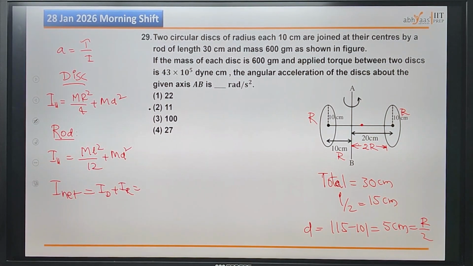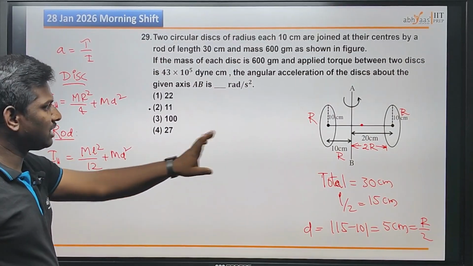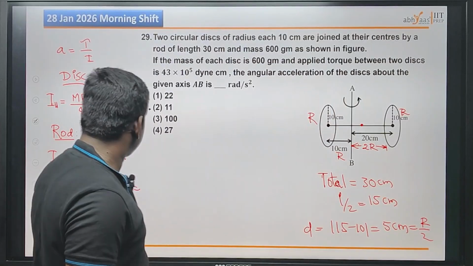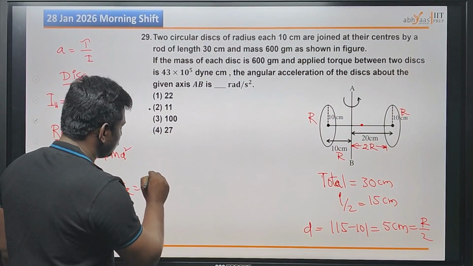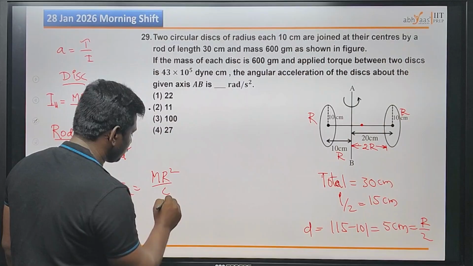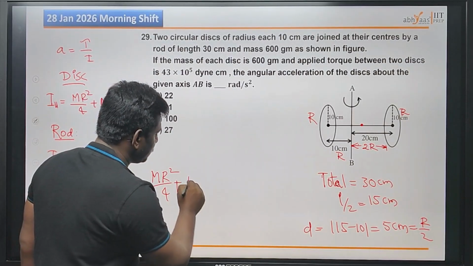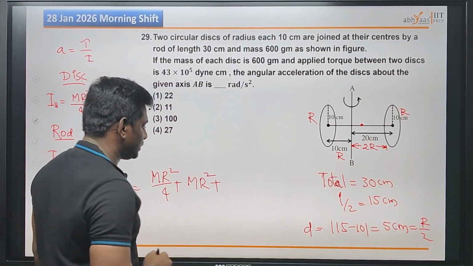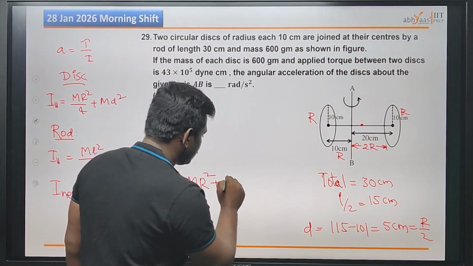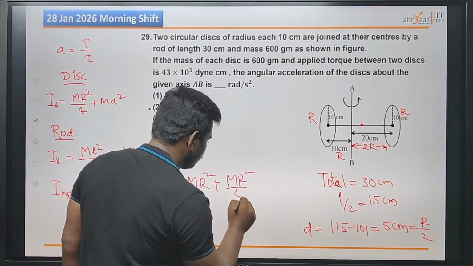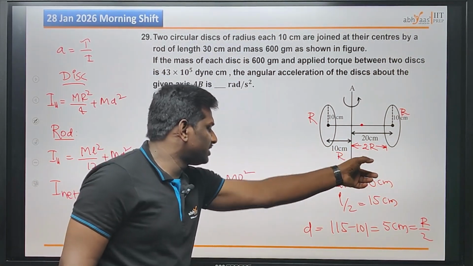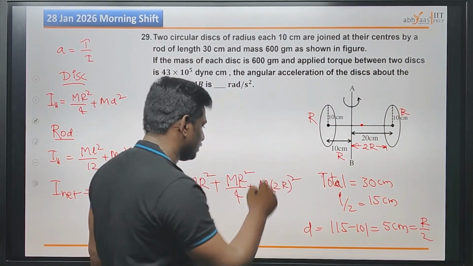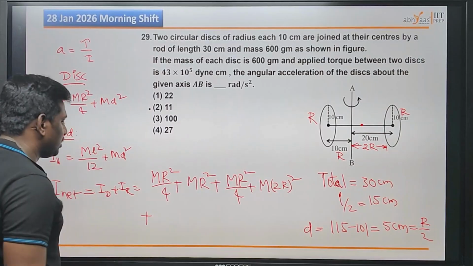See here, what is the D? That is nothing but R. For first case, first I am writing for this one, first disc I equal to mr square by 4 plus m D. What is D? Distance, that is nothing but R square, plus one more disc mr square by 4 plus what is the distance? 2r. So m into 2r square, plus, now I am writing for a rod.